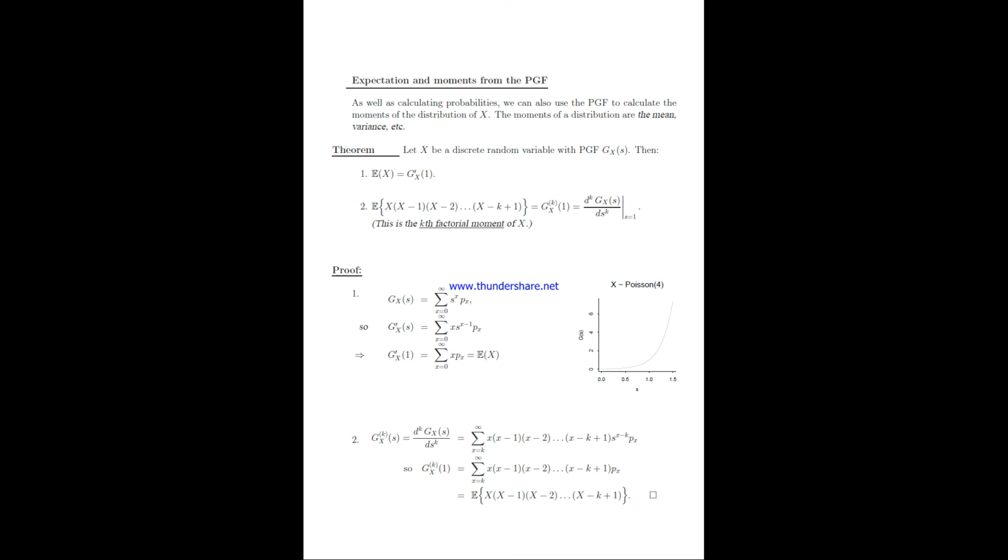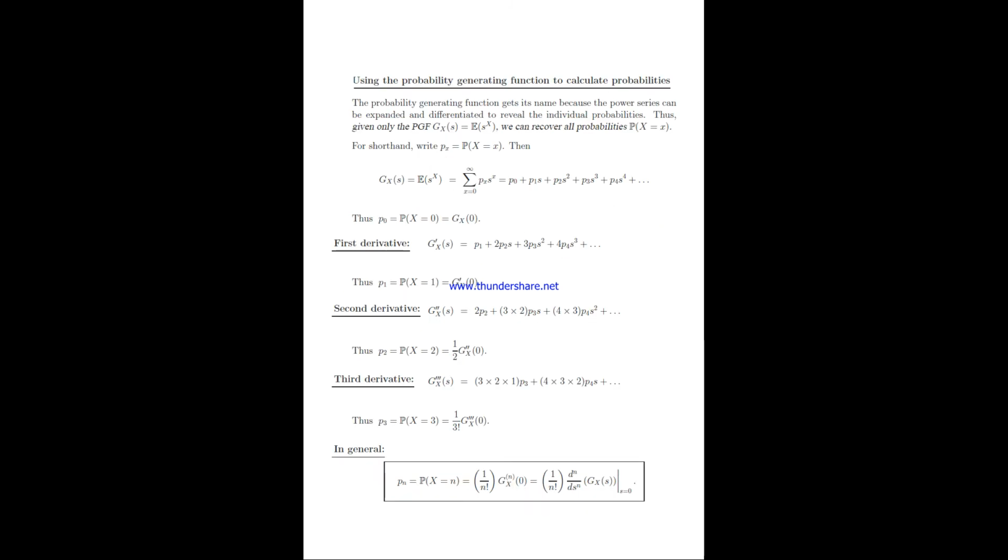There is another advantage of using probability generating functions: we can find the expectation and the moments using the probability generating function. When you take the probability generating function and its first derivative, have a look at this. This is the probability generating function, and this is its first derivative.